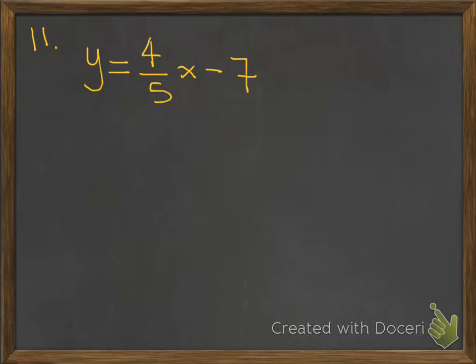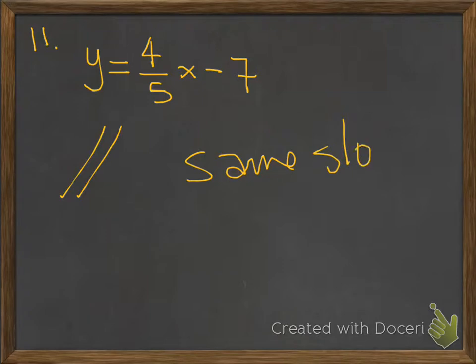It says, what is the slope of a line parallel to the line with the equation y equals 4/5 x minus 7? Well, to be parallel means to have the same slope. If we think back to slope-intercept form, one of these numbers, 4/5 or -7, is the slope, and the one that is the slope is this one right here.